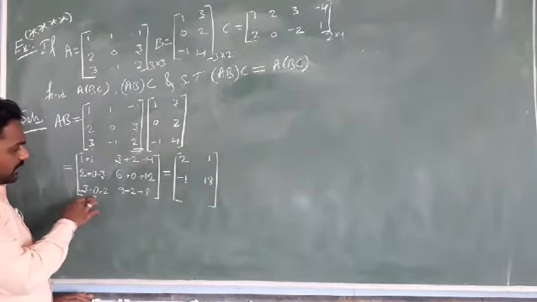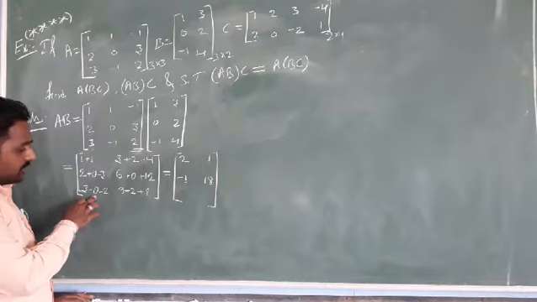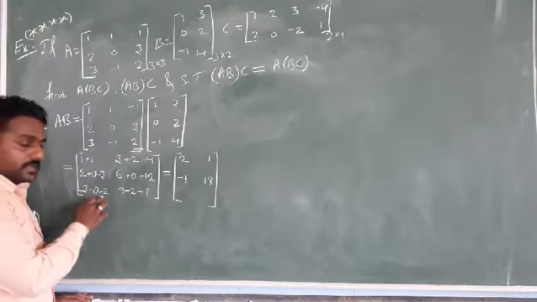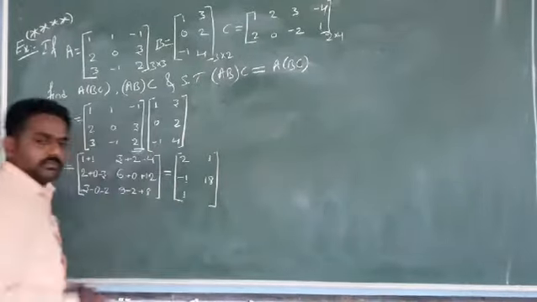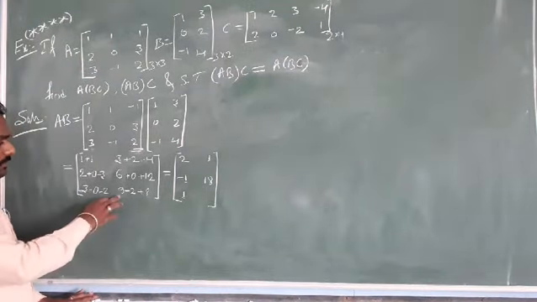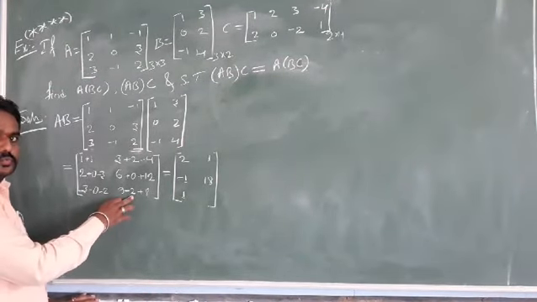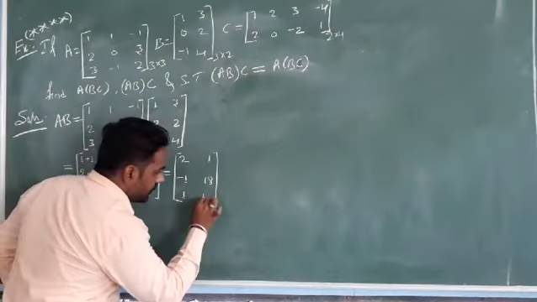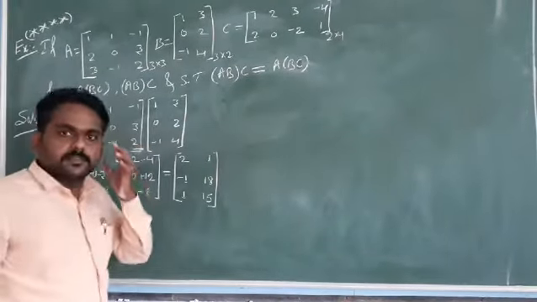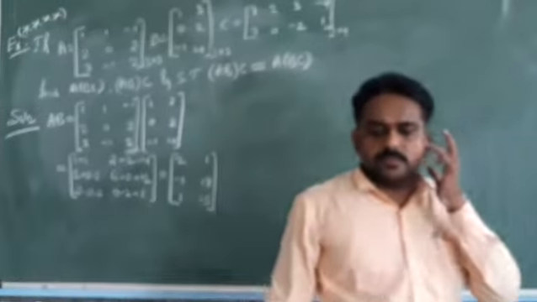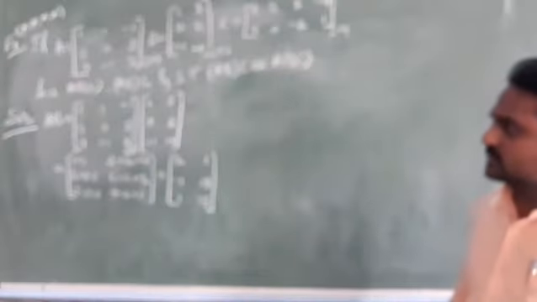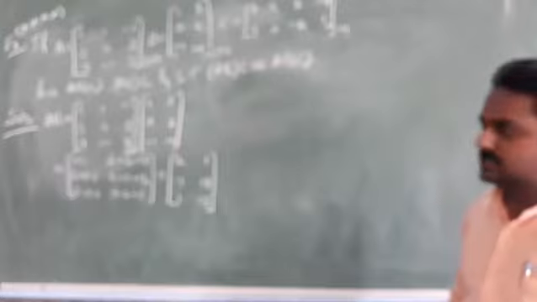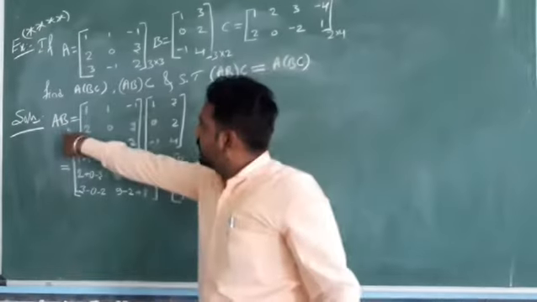Next, 3 minus 0 is 3, 3 minus 2, it is 1. Okay, 9 minus 2, 7, 7 plus 8, that is 15. Just observe the things, students, there. Okay, whether it is correct or not. Yes, it is correct. We found the AB here.